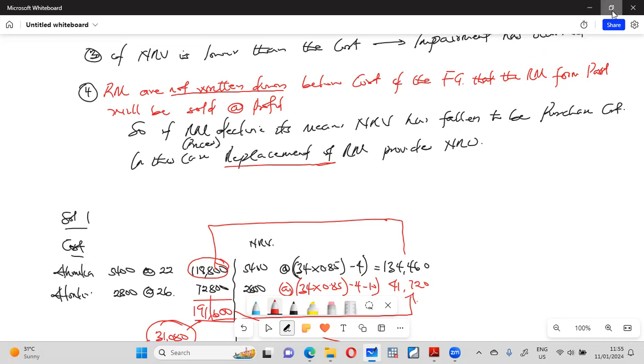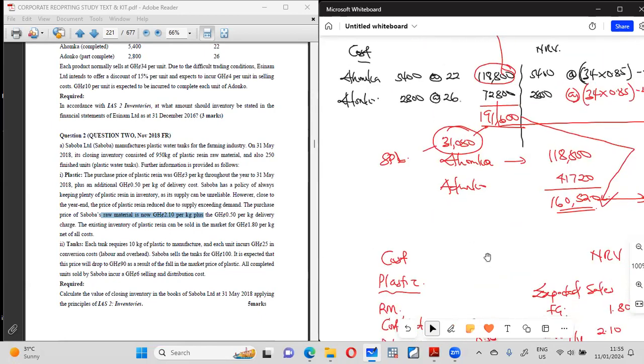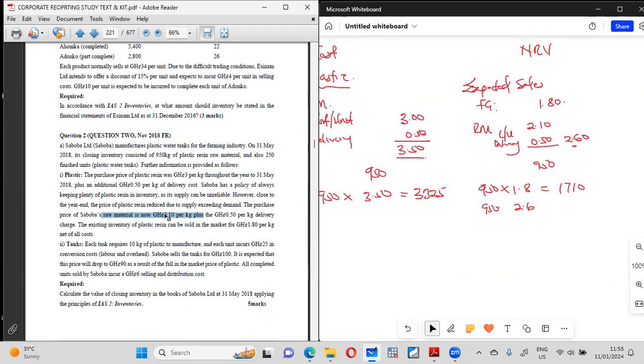Now, so coming back to the question here, how much will it cost us to replace the raw material? The quantity of the raw material is going to be what? 2.1 and what? 0.5. And that, the quantity, if you do the multiplication, let's see, it will be what? 2.6 by 950. If you are replacing it, that gives me something like 2470.